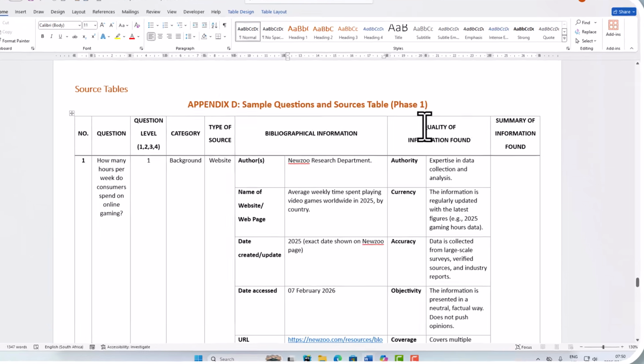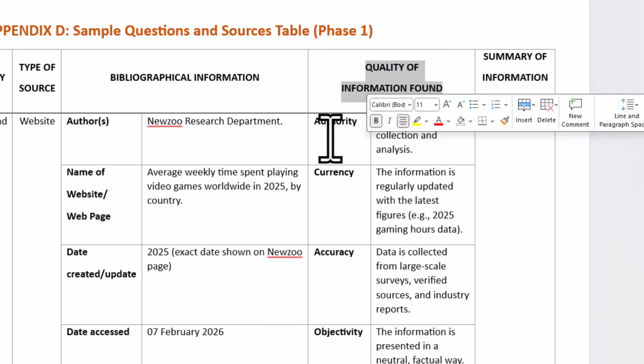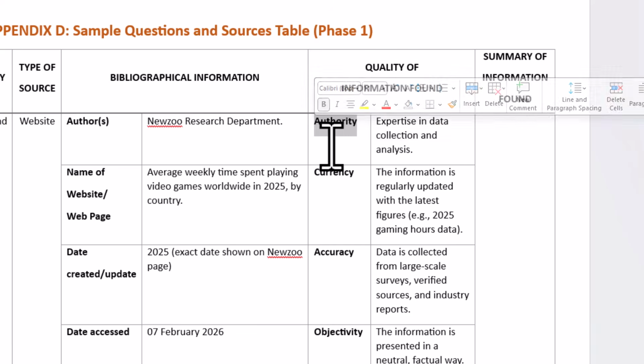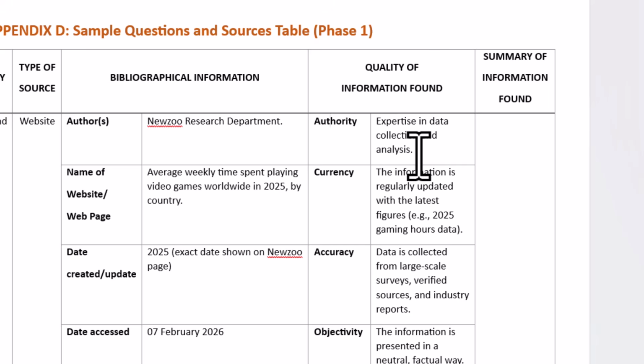So the quality of information that was found, we're looking for the authority. The authority, I wrote here, is expertise in data collection and analysis. In other words, this person who's writing this article, what authority do they have? Are they a doctor? Are they a researcher? Have they completed a thesis?